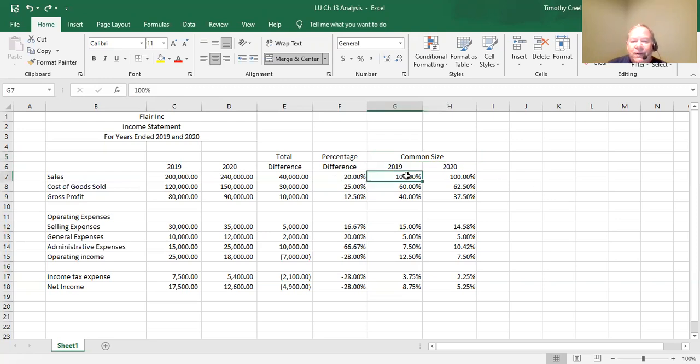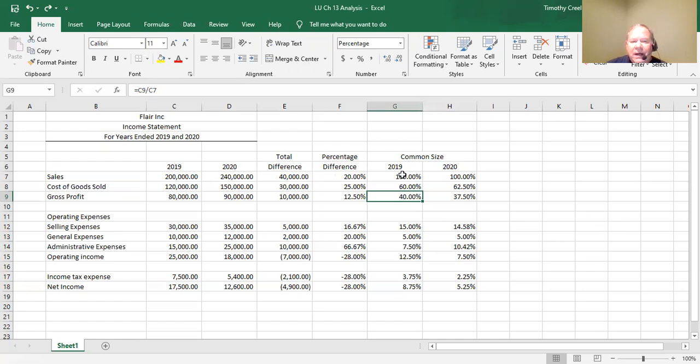So you see that sales again is 100% in both years. And for example, cost of goods sold is 60% of sales. Gross profit is 40% of sales. Every number on the income statement is examined as a percentage of sales.